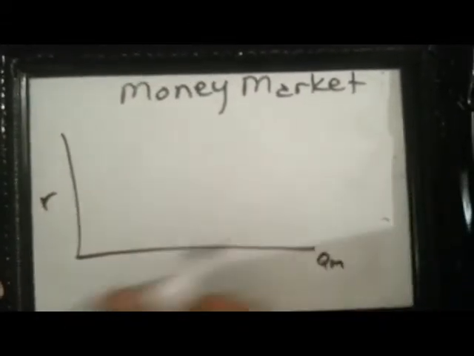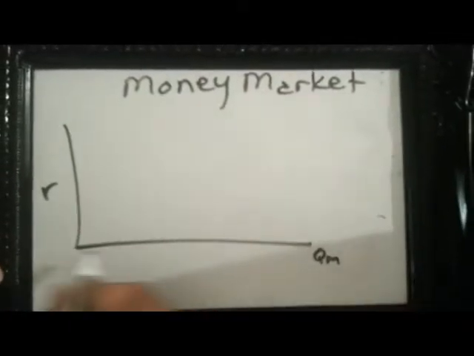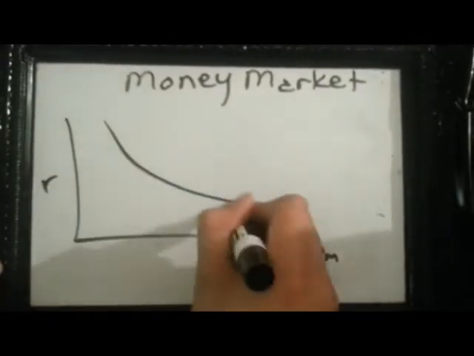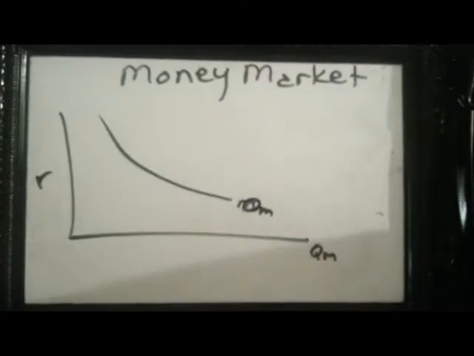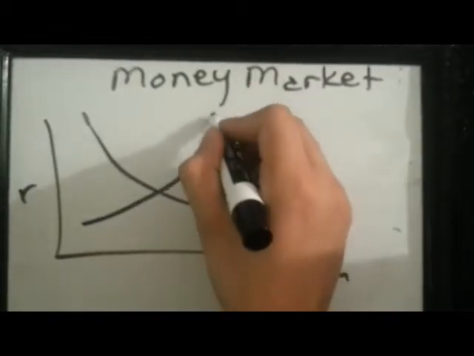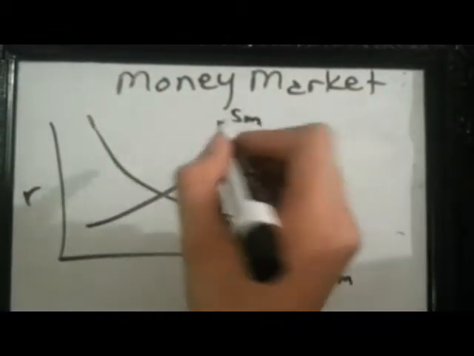We have our money market. On the y-axis we have the interest rate, and on our x-axis we have our quantity of money. So we have our demand for money, or D, and the supply of money is determined by the Fed.